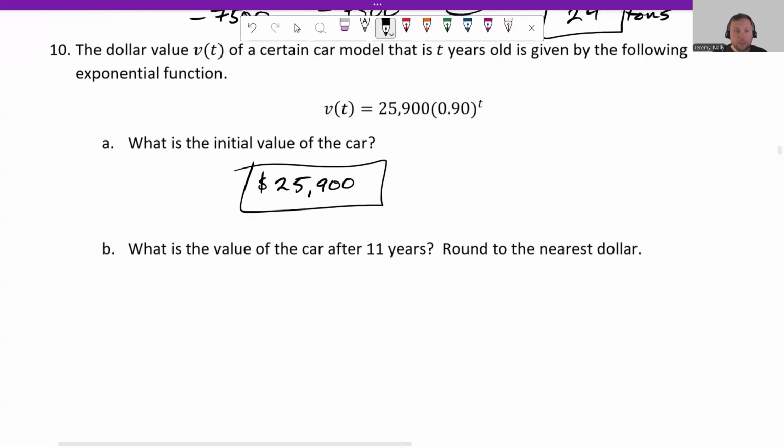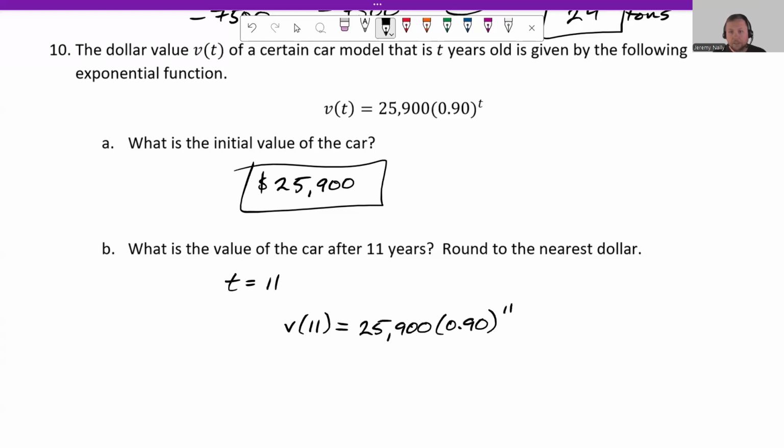What is the value of the car after 11 years? So t is measured in years, so we set t equal to 11. We're finding V of 11. So this is going to be 25,900 times 0.90 raised to the 11.